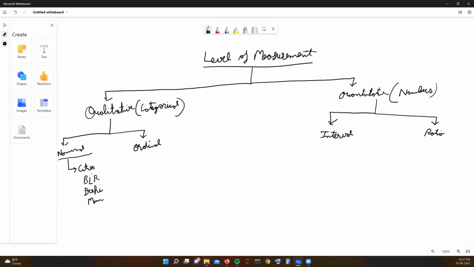We cannot define an order among them because all can be equally important for your use case. And in ordinal, as we discussed, order is present. An example is which recovery method our reservoir is operating on. Is it operating on primary, secondary, or tertiary, right? A order is present there. Primary will come into the picture first, then secondary, then tertiary.